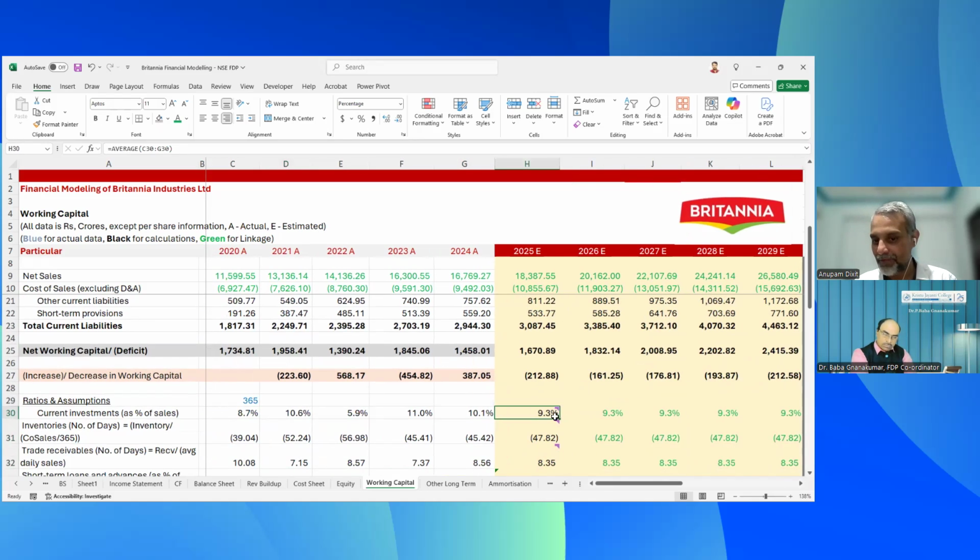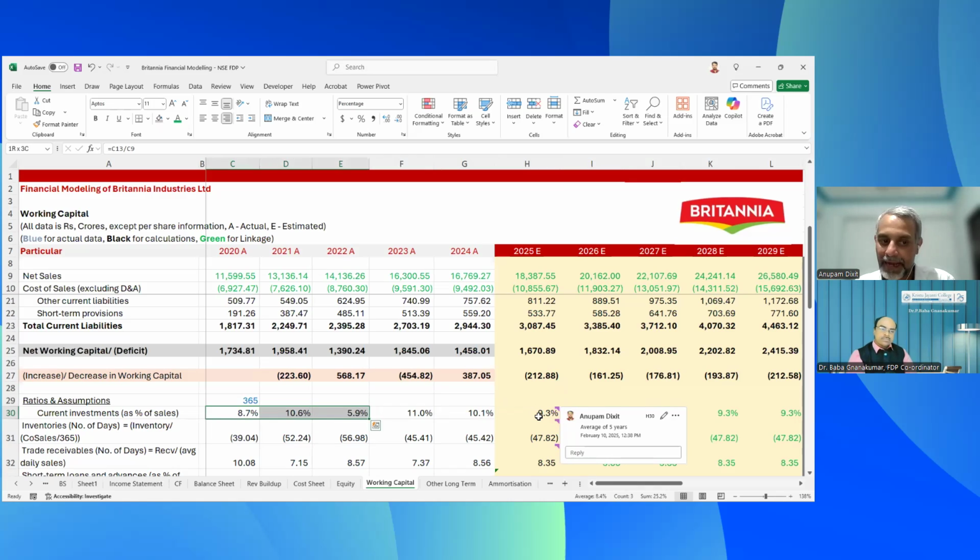So here we have inputted a note, which mentions whether we are using an average or whether we are using a last year value. If I take my cursor to this cell, there is a purple color patch here. When I take my cursor here, it mentions average of 5 years. So in this row, I have taken this current investment as an average of the last 5 years, right?